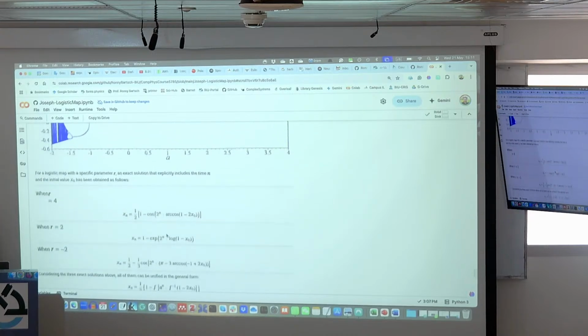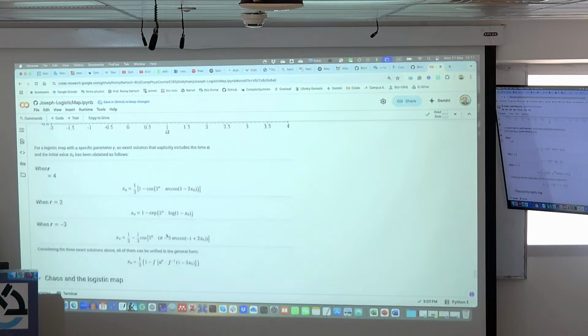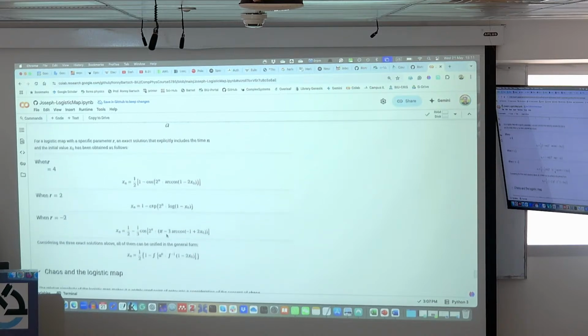Mathematicians have found very precise solutions for x_n given x_0 when r equals some exact values.